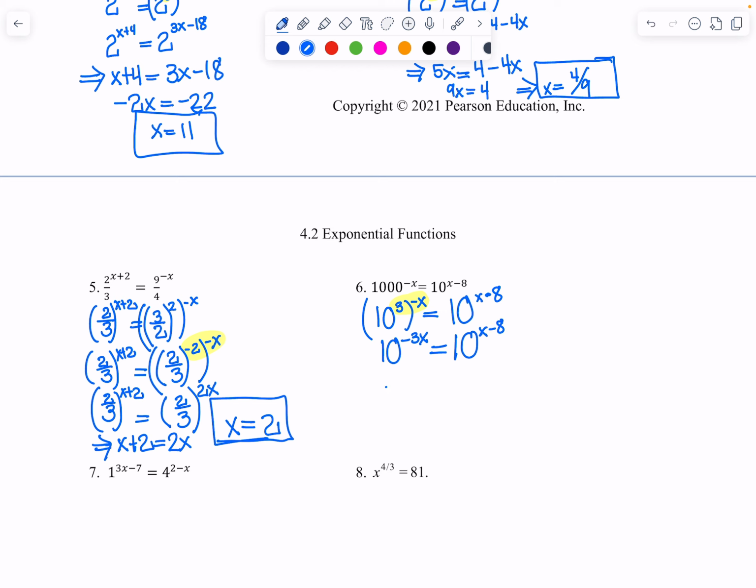Now, since we got the same base, we set exponents equal to each other. Now, if I was solving this, I would subtract x over. That would give me negative 4x equals negative 8. I'd get x equals 2.